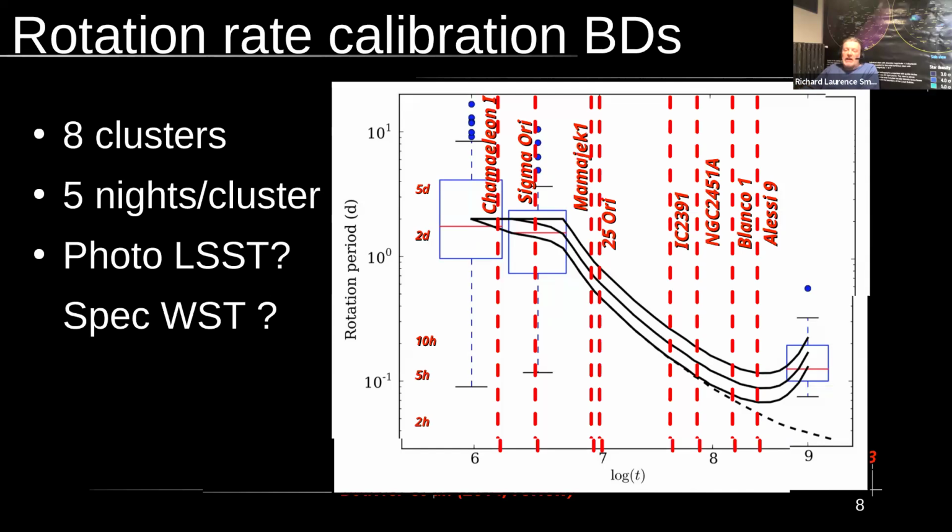So we would have to look at the cluster and sample it at quite short intervals for 5 nights. We could probably switch between 2 clusters during the night, and that would allow us to cover the whole of the rotation period that we would expect to see, short, 1 or 2 days, as it were.